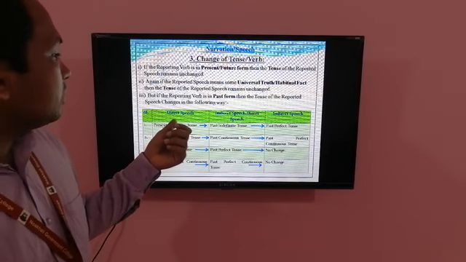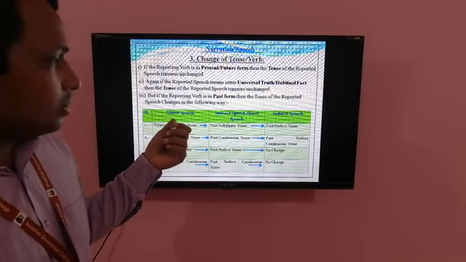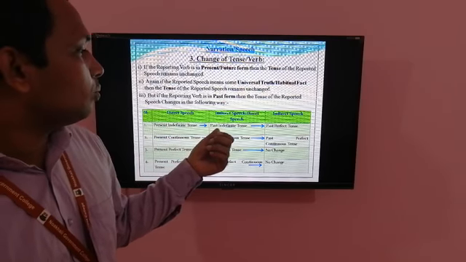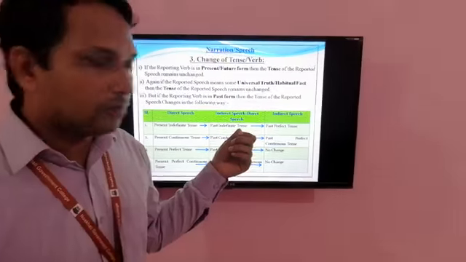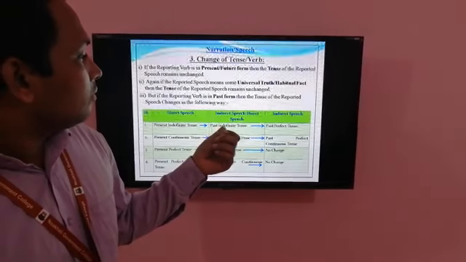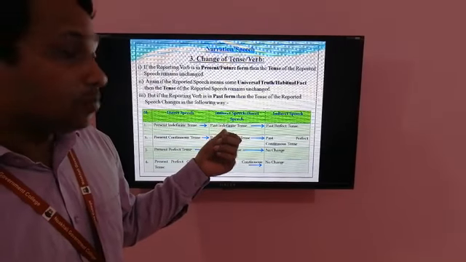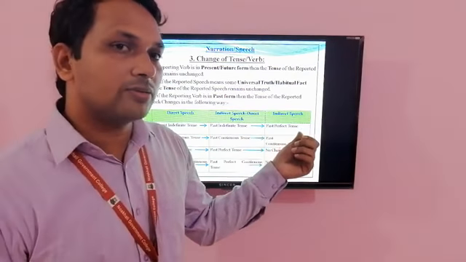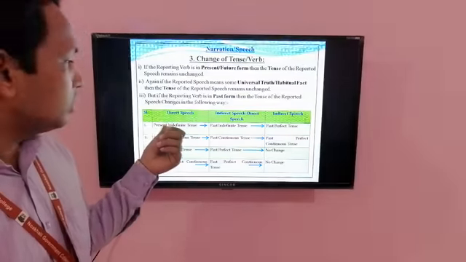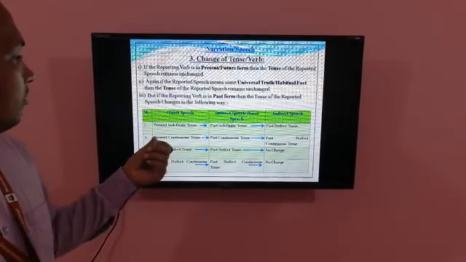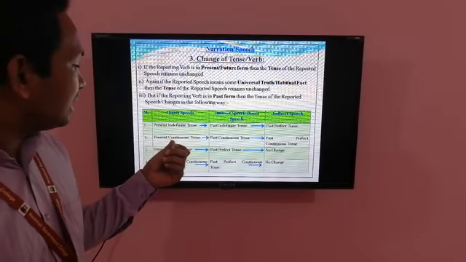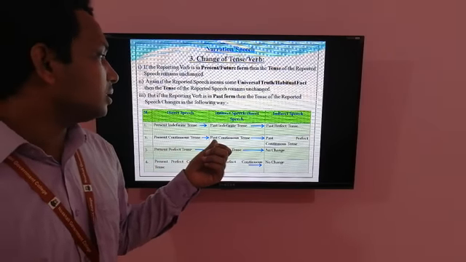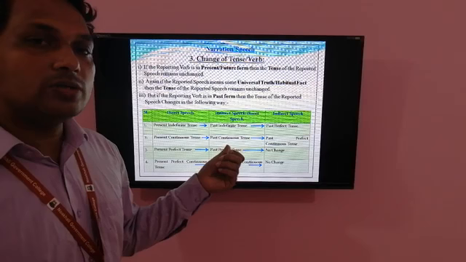If the reported speech of the direct speech is in present indefinite tense, we have to change it to past indefinite tense. And if the speech is in past indefinite tense, we have to change it to past perfect tense. Very clear here. Then, if the direct speech is in present continuous tense, we have to change it into past continuous tense.